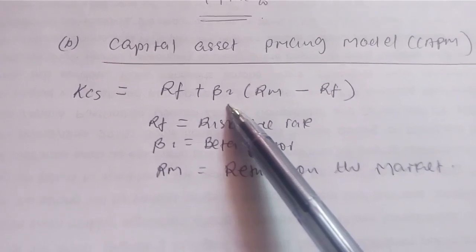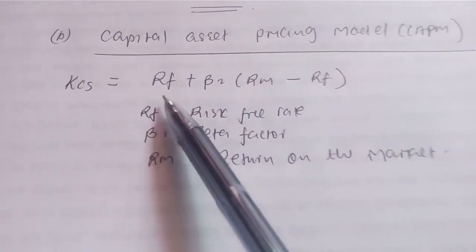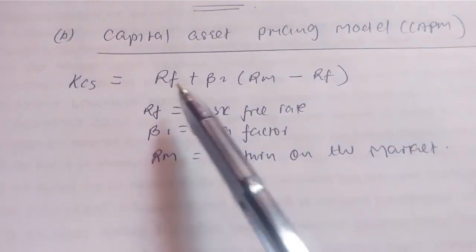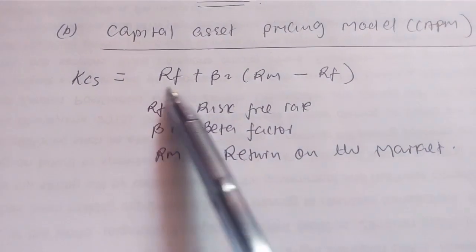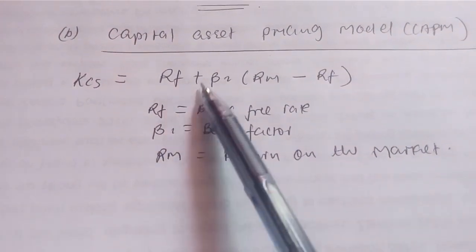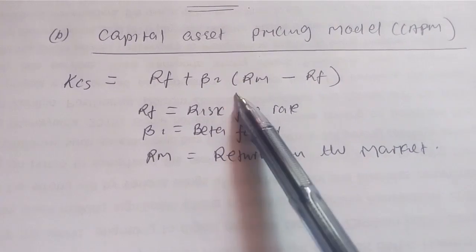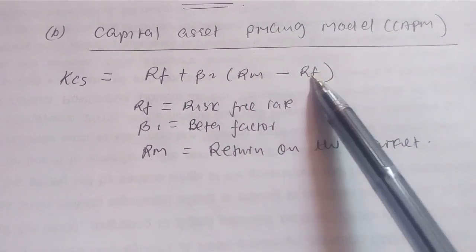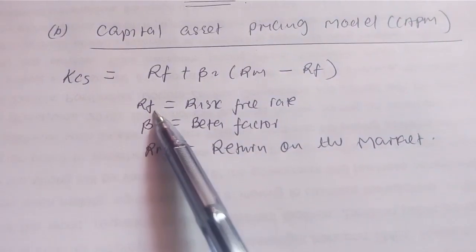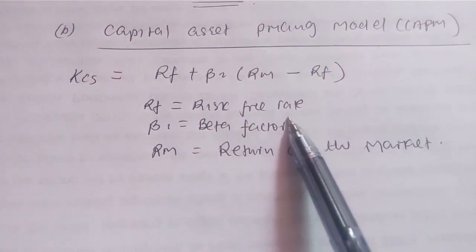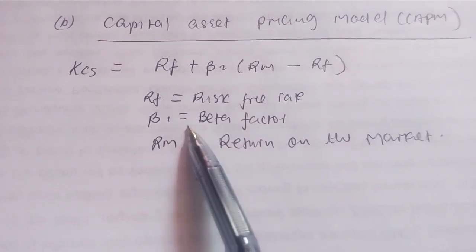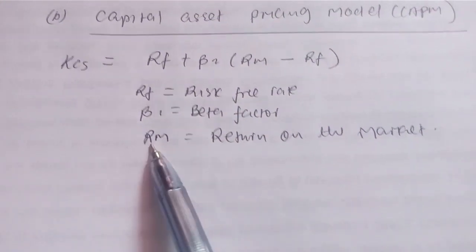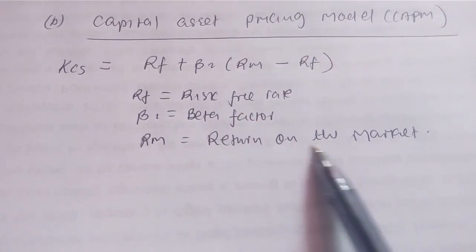According to this model, the cost of common stock is the sum of the risk-free rate plus the beta factor, then in brackets RM minus RF. So our RF is the risk-free rate, our Bi is the beta factor, and our RM is the return on the market.